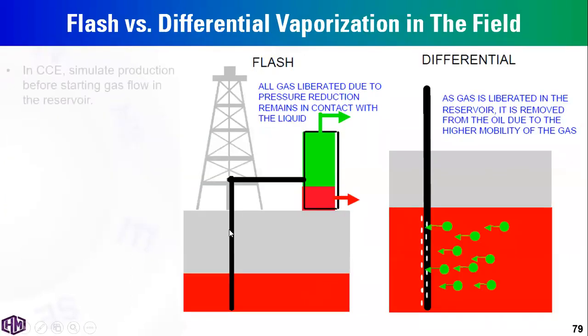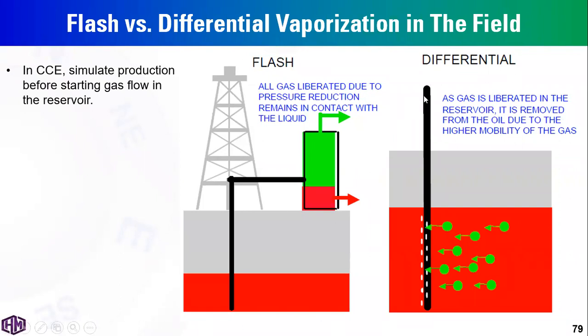Simply, flash is to simulate the production process above the saturation pressure, or even when the gas saturation is still lower than the critical gas saturation. In that case, the gas is simply in contact with the oil, which means the process of flash vaporization.